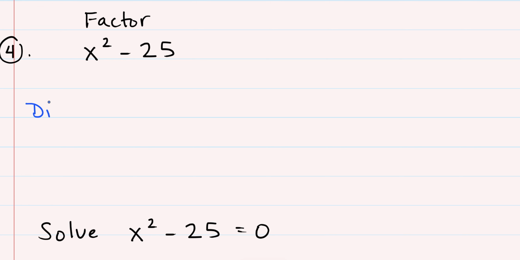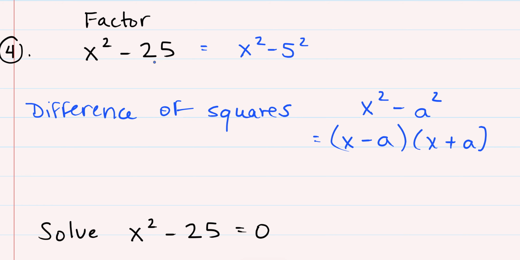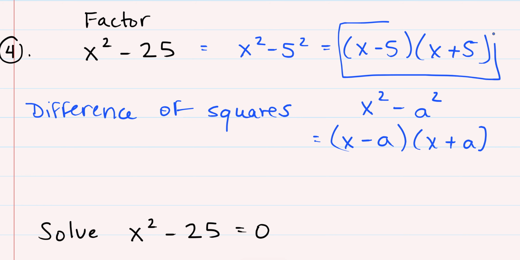We're going to use the difference of squares formula, which says if I have x squared minus a number squared, this is (x minus that number) times (x plus that number). Notice that this is x squared minus 5 squared, because 25 is the same thing as 5 squared. So then this is (x minus 5) times (x plus 5). This is the factored form.